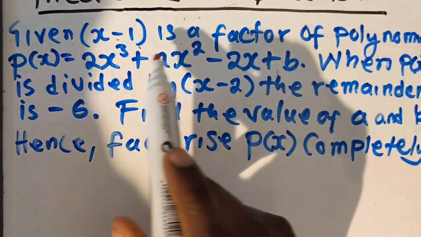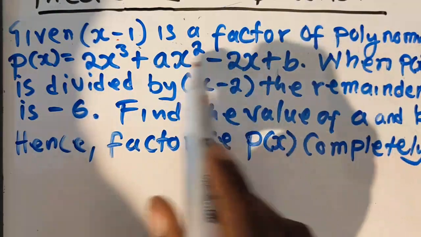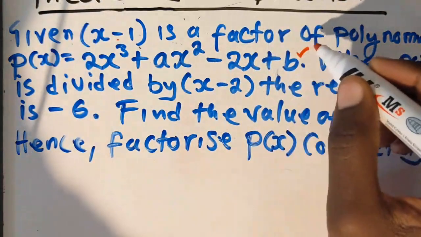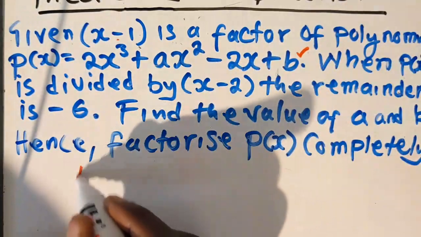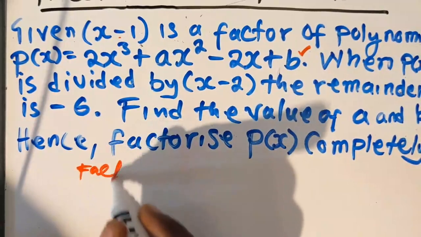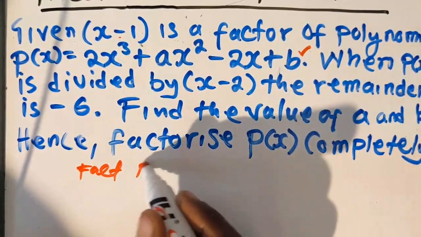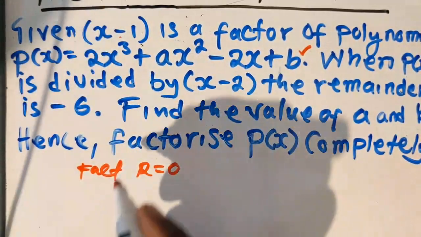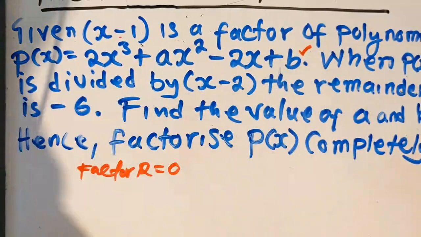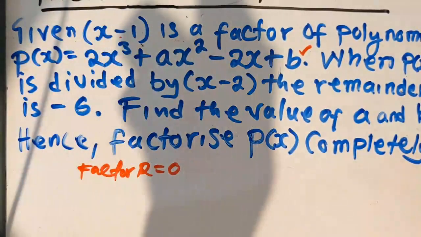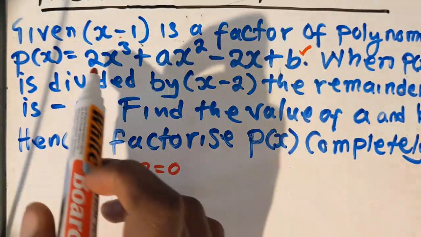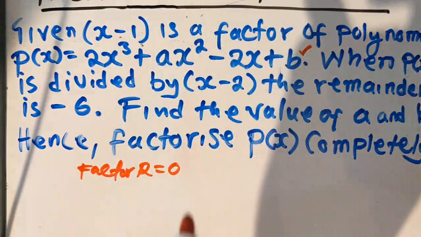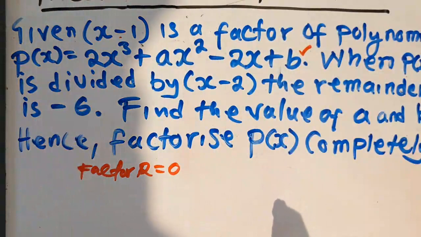If it is a factor, the remainder will be 0. So that is point number 1 you need to note. When you divide this by that, it's supposed to give you 0 as the remainder.